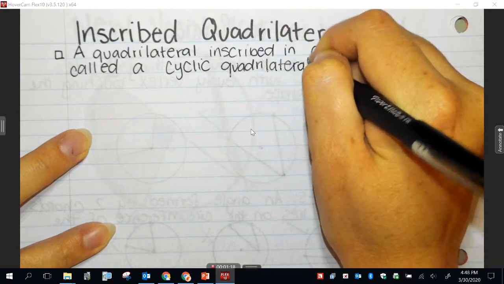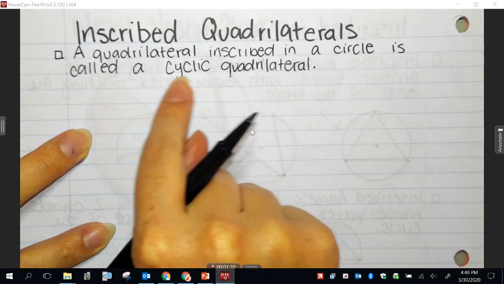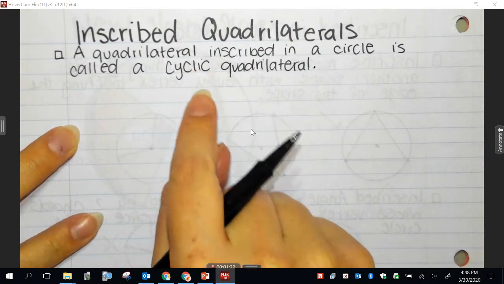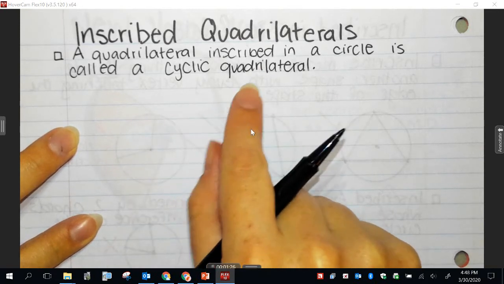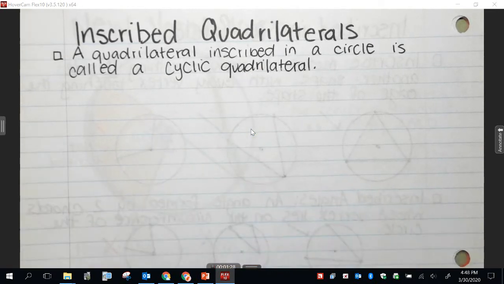Okay. Cyclic, kind of like cycle, which is referring to things that are circular, like the water cycle or a bicycle, that kind of idea.